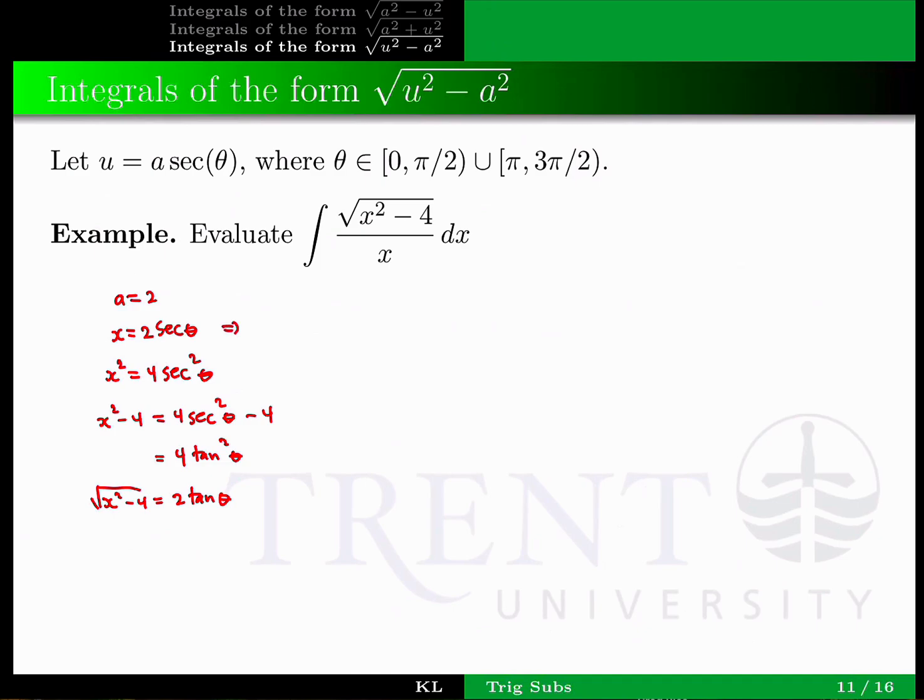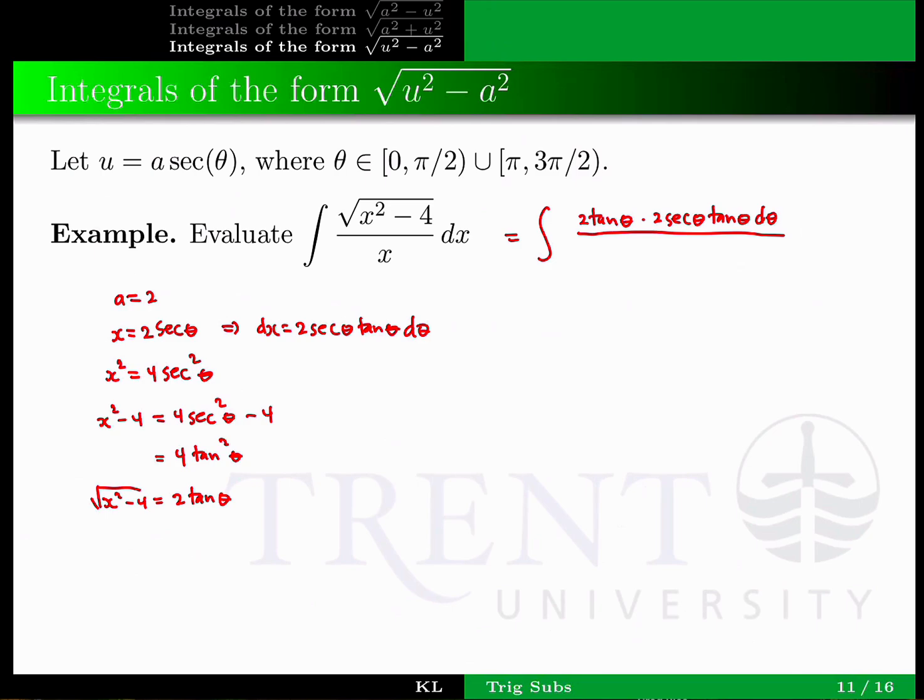From here we have dx equals 2 secant theta tangent theta d theta, which means we will have the integral. In the numerator, we have 2 tangent theta. dx is 2 secant theta tangent theta d theta.